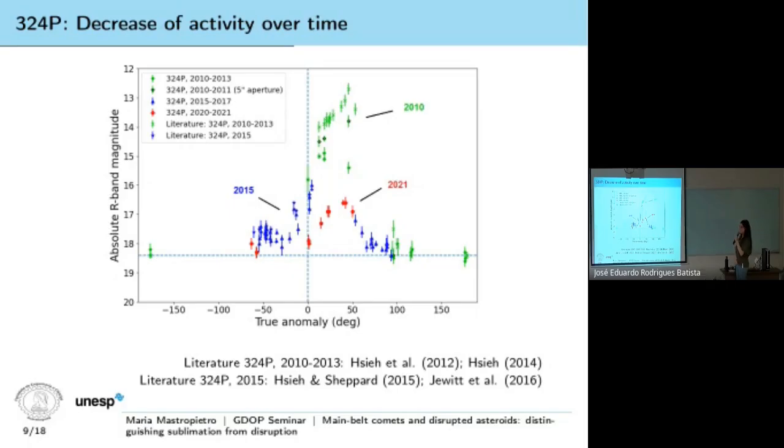And we do not have very high resolution images of this object, so we cannot see a crater on the surface, so it's a bit difficult, I guess.